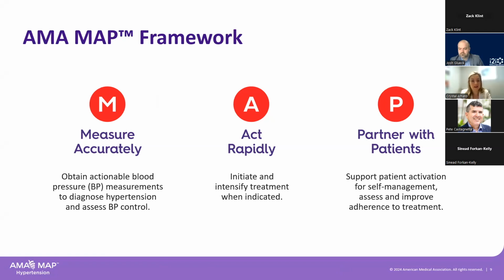Act rapidly to initiate and intensify treatment when indicated. And partner with patients to support patient activation and assess to improve that adherence to treatment. And all of these pieces work together in the framework to improve blood pressure control. Next slide.